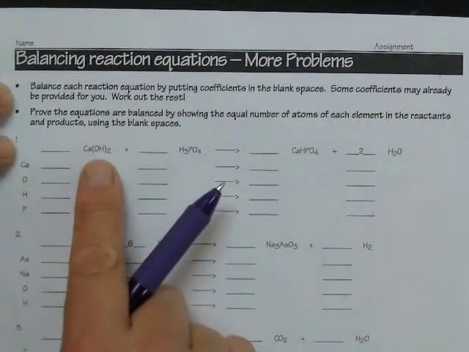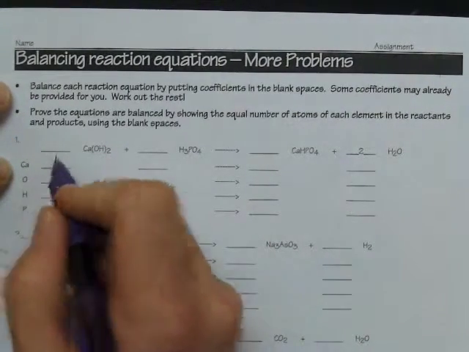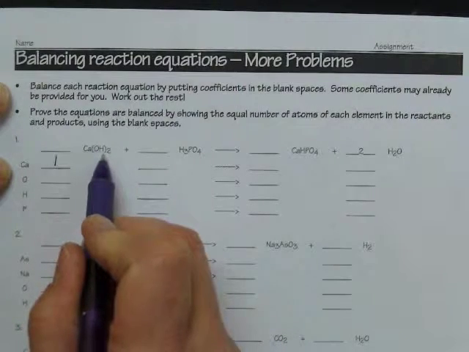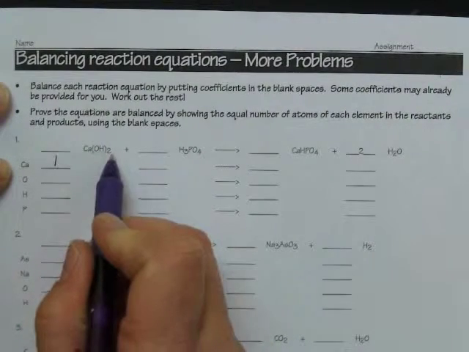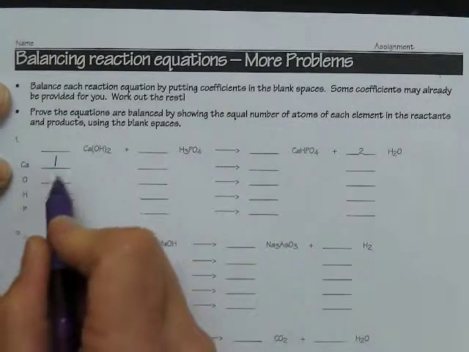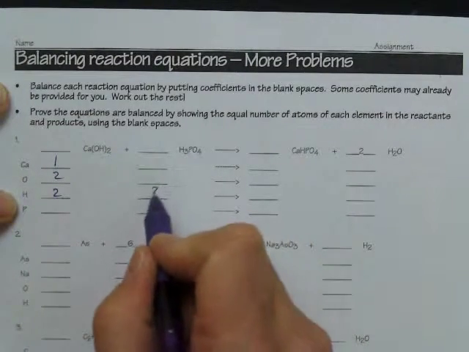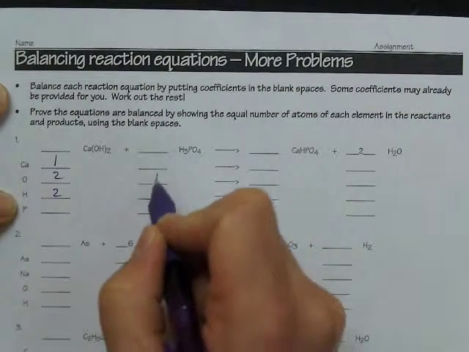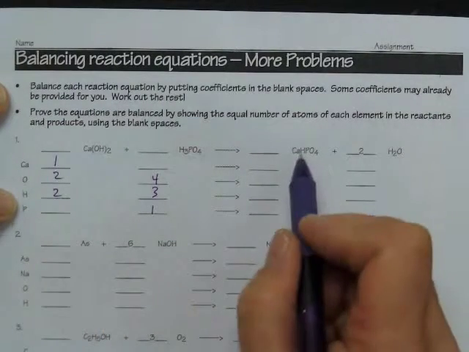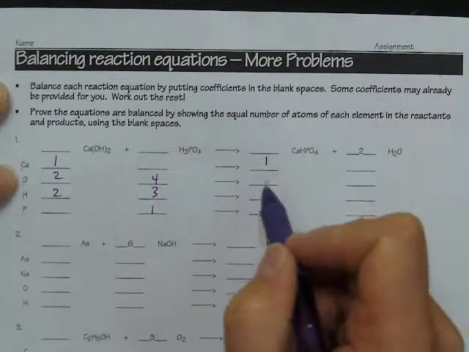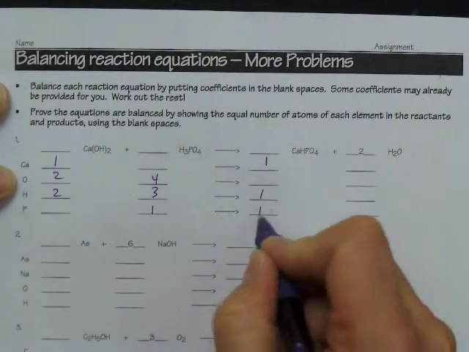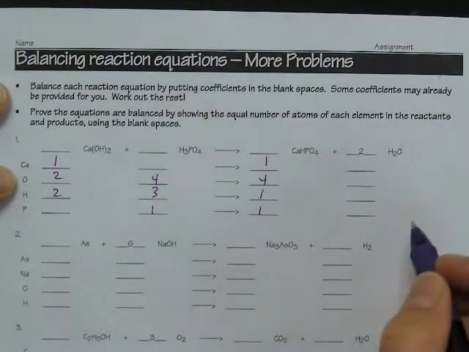So for example, in the first one there's 1 calcium, and in the parentheses there are oxygen and hydrogen. The subscript outside distributes, making 2 oxygens and 2 hydrogens. Here there are 3 hydrogens, 1 phosphorus, 4 oxygens. Over here there's 1 calcium, 1 hydrogen, 1 phosphorus, and 4 oxygens.